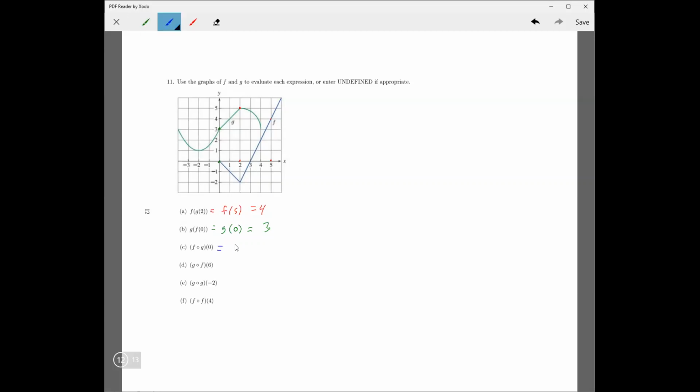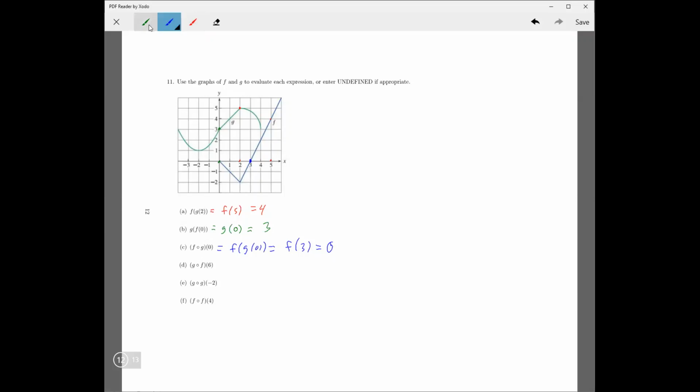Okay, then here, that's f of g of 0. So g of 0, we already said that's 3. And then 3 gives you, and the f is 0. Okay, so f of g of 0 is actually 0.